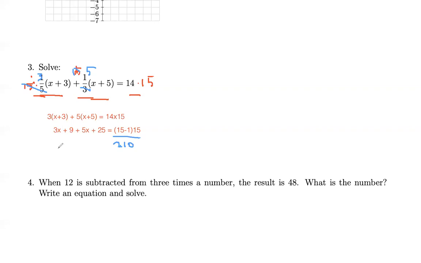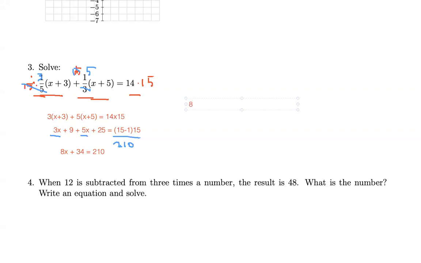So either way. Now we combine like terms. 3x plus 5x gives us 8x. Then 9 plus 25 is 34, equal to 210. Then we subtract 34 from both sides.